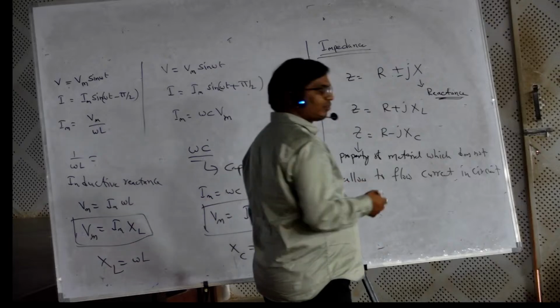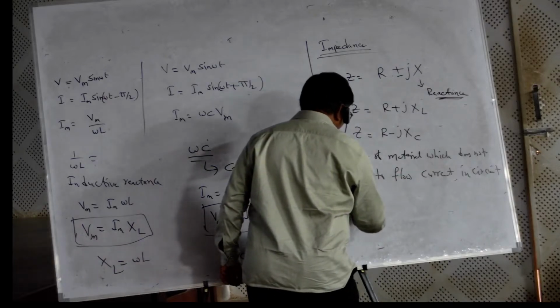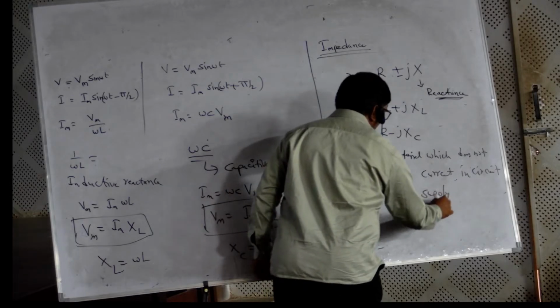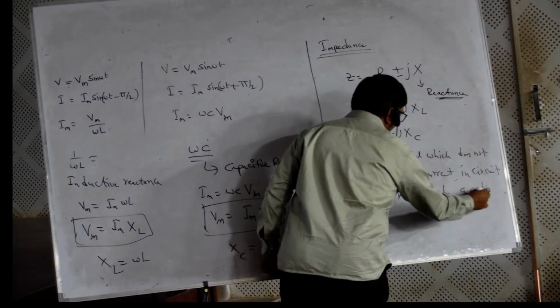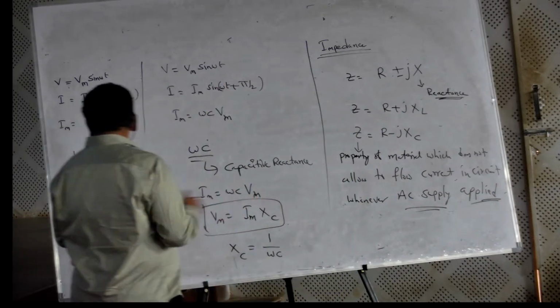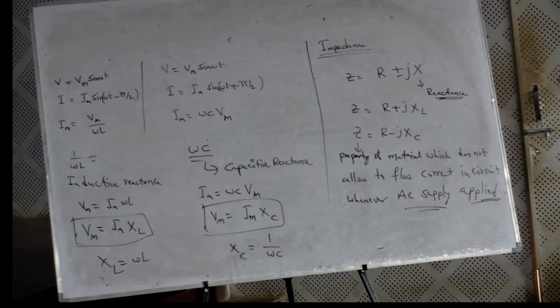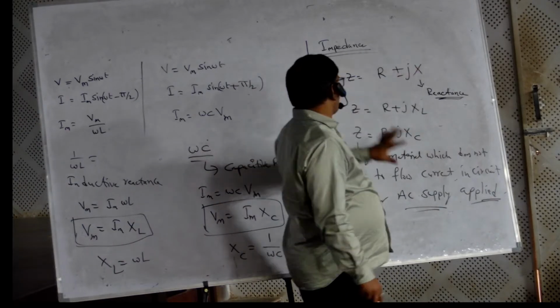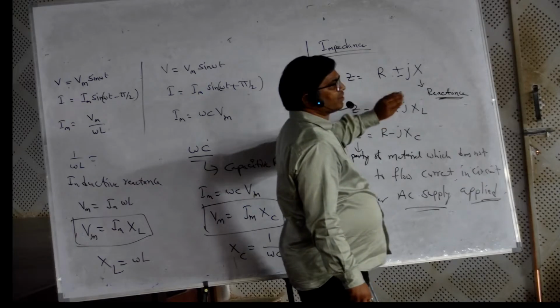What is the difference then? Whenever an AC supply is applied, that is the only difference. In AC circuits we call it Z, in DC circuits we call it resistance. Because of the inductive or capacitive effect, the term we derived is Z: Z is equal to R plus jXL, or Z is equal to R minus jXC.